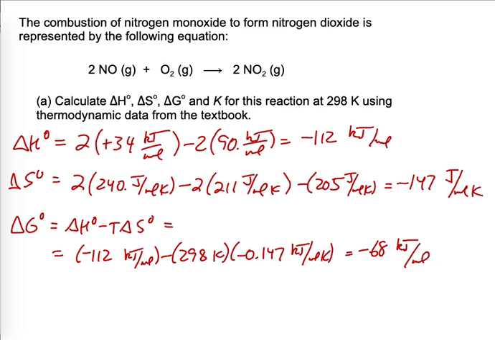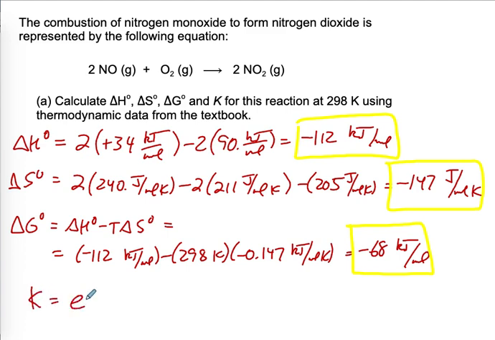So here is my standard enthalpy change, here is my standard entropy change, and here is my standard free energy change for this reaction at 298. At 298 Kelvin, it is spontaneous, and I can calculate K using e to the negative delta G naught over RT.